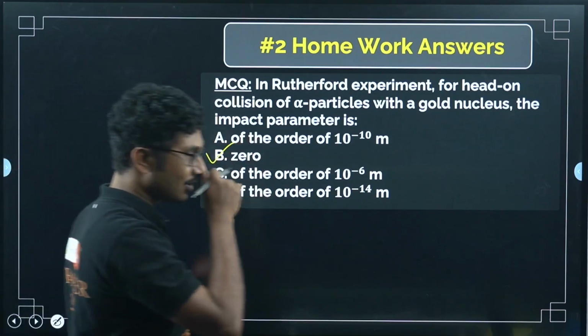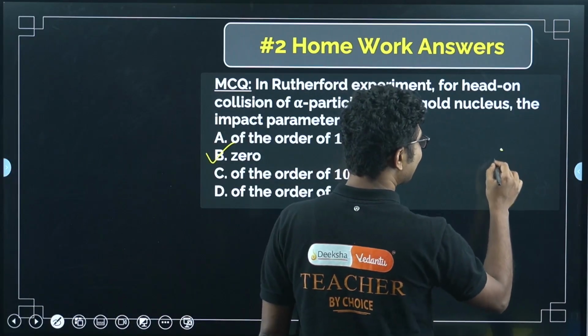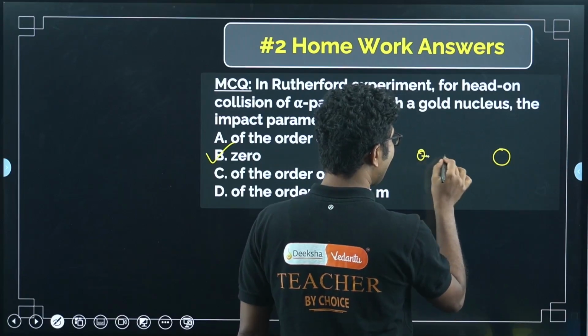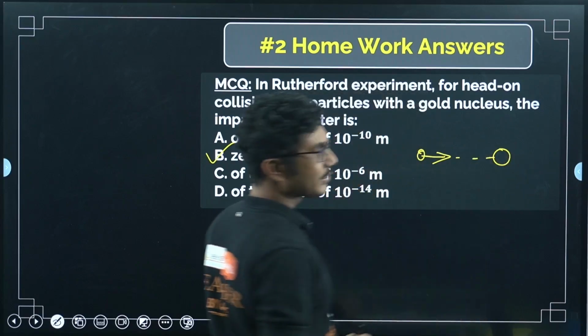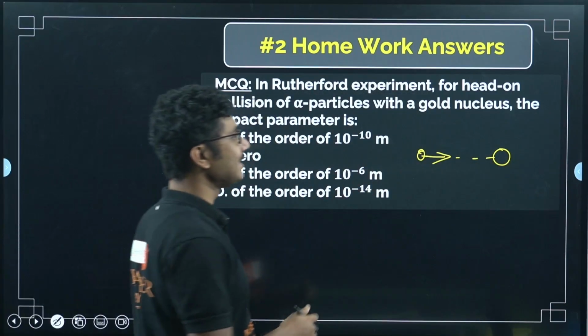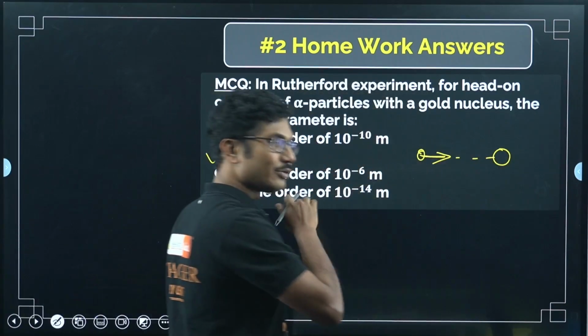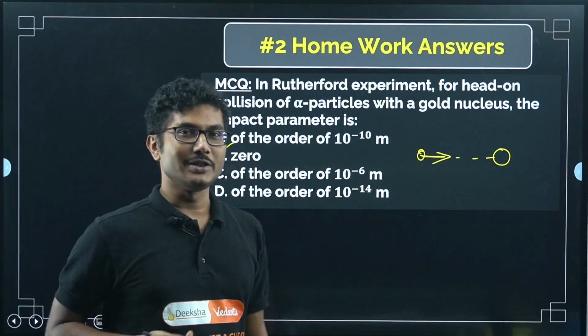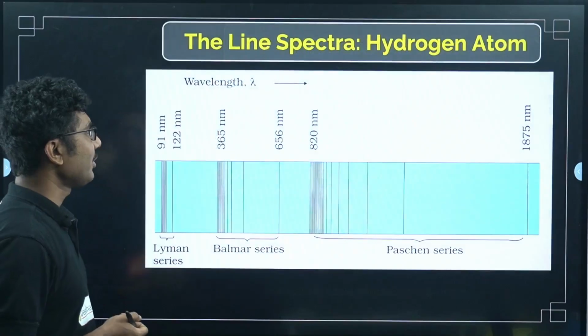Head-on collision, I explained that as well. So this is the gold nucleus, this is the alpha particle. A head-on collision is only possible when the impact parameter is 0. That is, it is going straight towards the nucleus, right? So the impact parameter should be 0 for head-on collision.